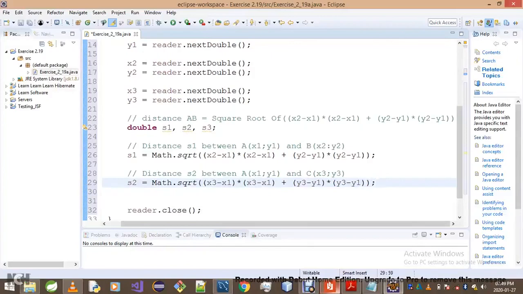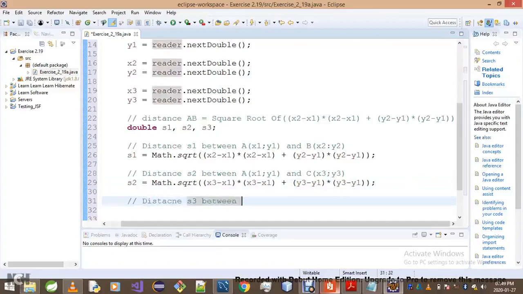Okay, it is time to find the very last side or distance. The distance S3 between B, which is giving us x2, y2, and C, which is giving us x3, y3.